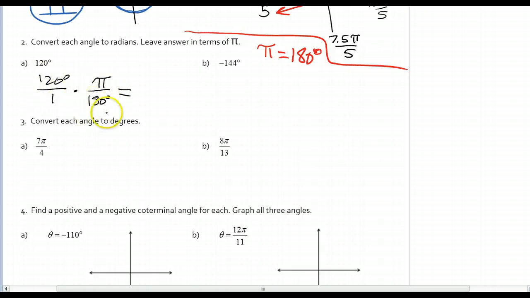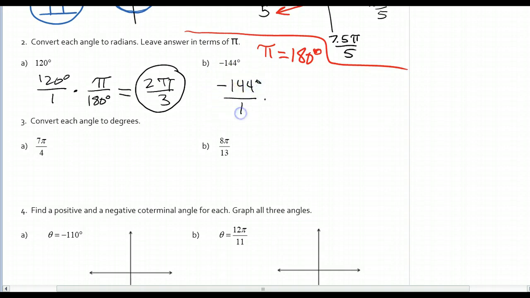You could also plug that into your calculator and hit math number one, math enter, enter. And that will change it back to a fraction for you if you don't want to reduce it. But that's going to end up being 2 pi over 3. Okay, let's try the next one, negative 144. So I have negative 144 degrees.